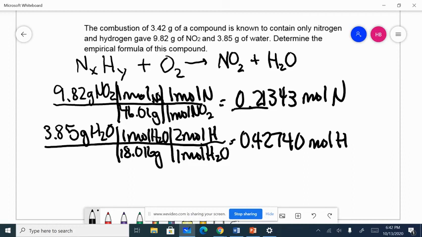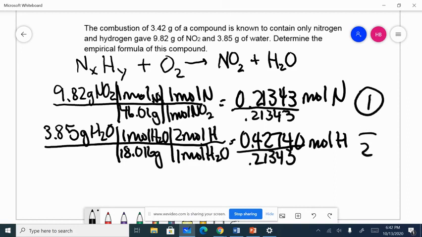Nothing really any different. Now we're going to compare by dividing and get 1 and 2. That means the empirical formula for this compound is NH2.